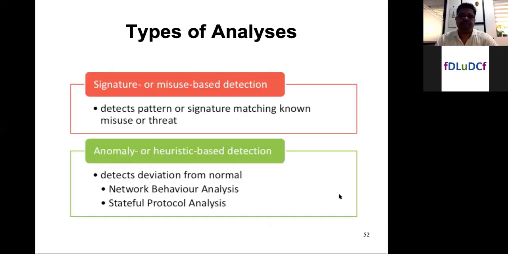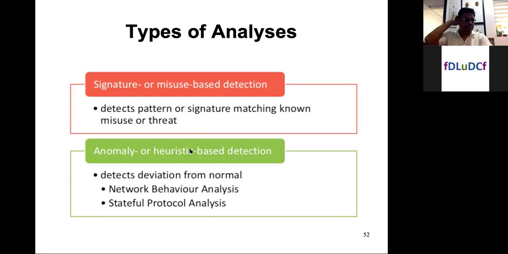Right. So how does an intruder detection system analyze these intruders? Basically there are two theoretical models they use. The first model is called signature or misuse-based detection. In this model, they detect intruders based on known signatures, known threats.